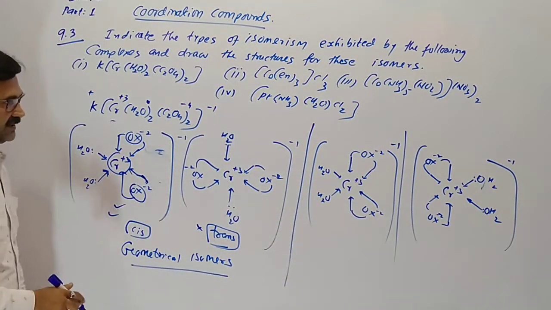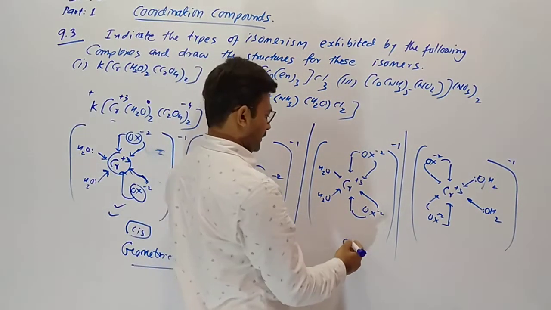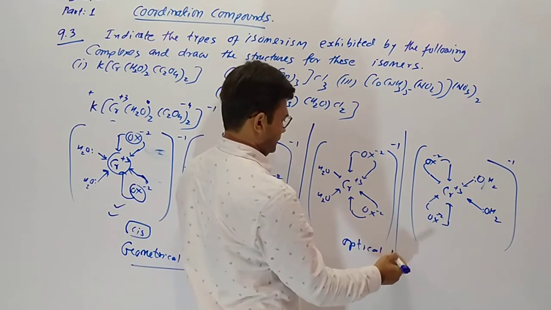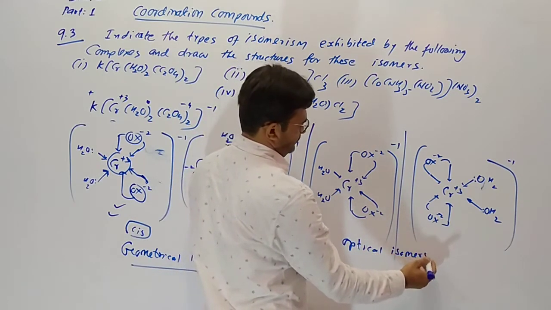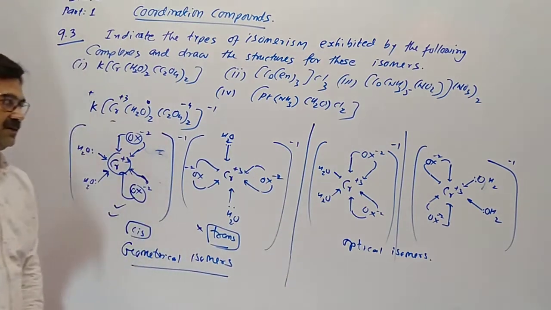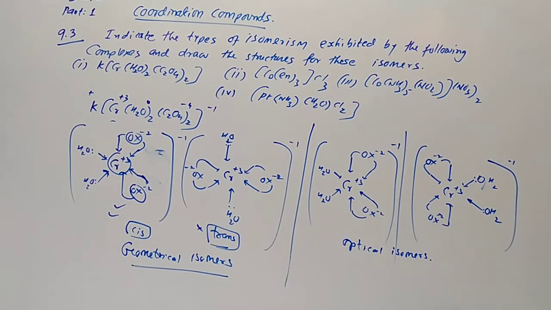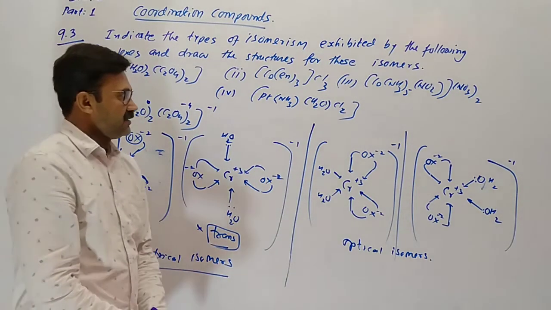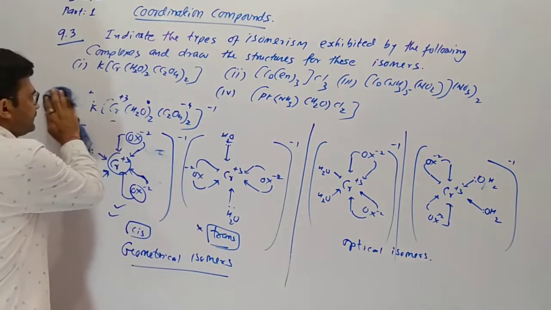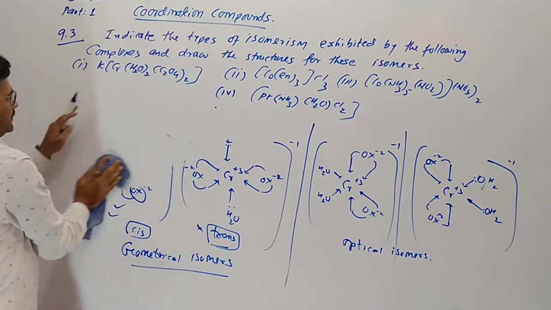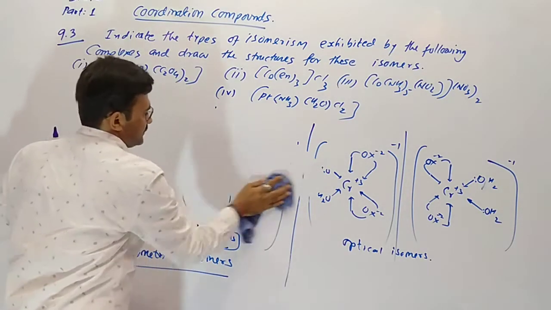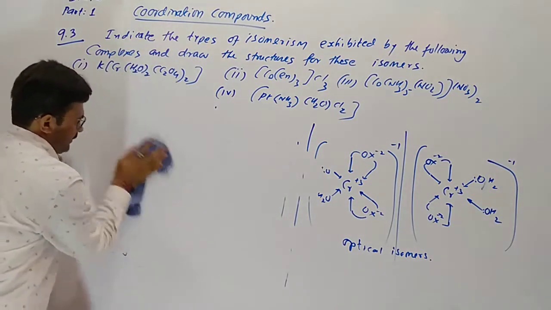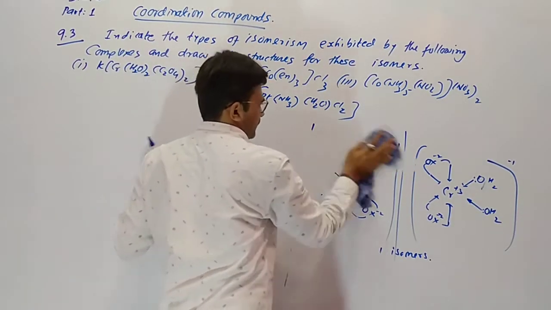So these are the optical isomers, one dextro, one levo. So this gives us two types of isomerism: geometrical and optical.